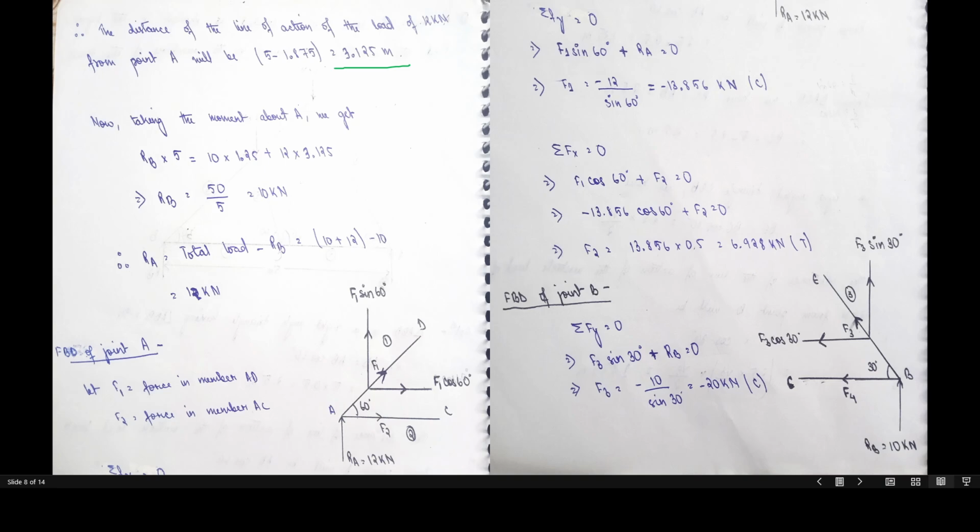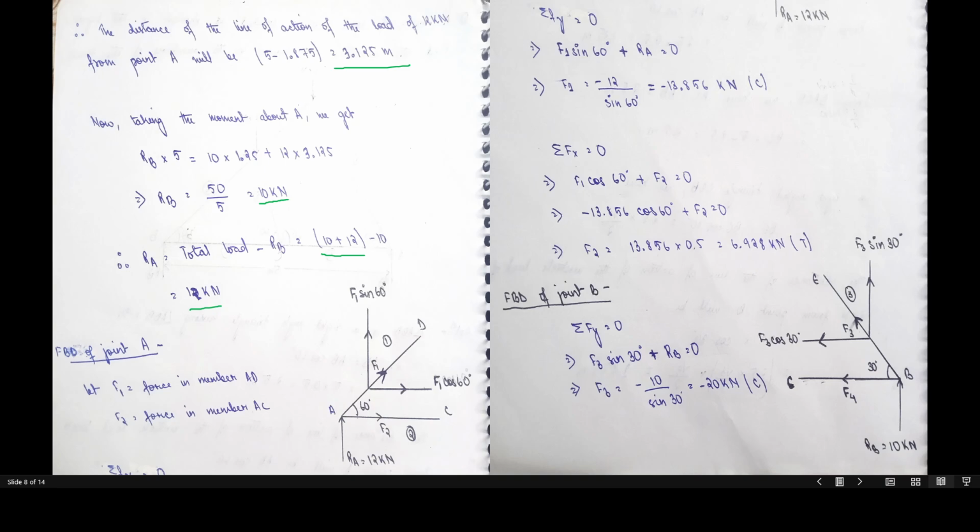So RB into 5 will be equal to 10, that is the load, into 1.25, and 12, that is the load, into 3.125, which are the distances. So we can simply write RB is equal to 50 by 5, that is 10 kilonewton, and RA will be nothing but total load minus RB, that is equal to 12 kilonewton. 10 plus 12 is nothing but the total load.